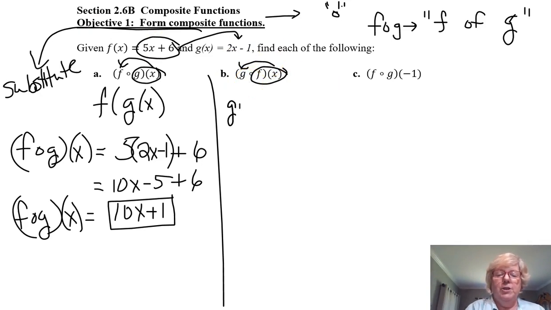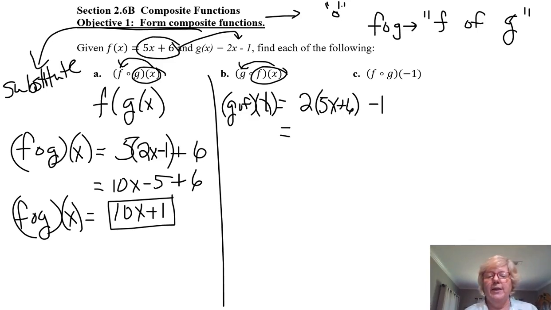So, G of F of X, normally the G function would be 2x minus 1, but I don't want it to look like that. I want to replace that x with the function, and the function would be 5x plus 6.